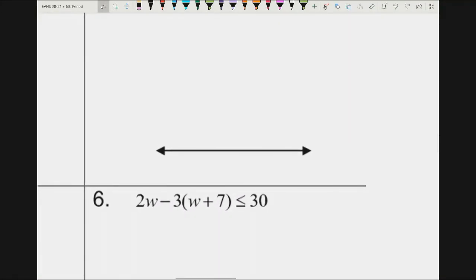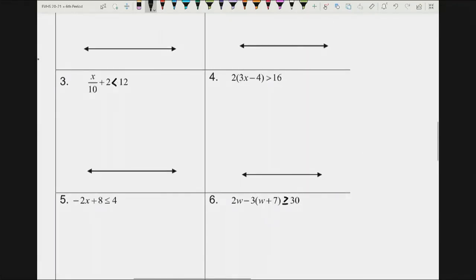Get rid of this less than or equal to and make it a greater than or equal to. So you should have flipped those signs on 3 and 6. And again, the reason is not because there's anything mathematically wrong with them. I just need a different style of example.